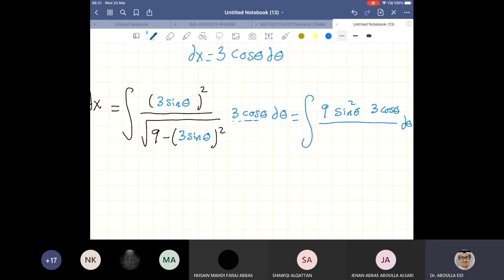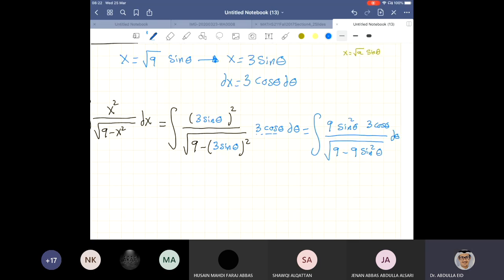That's what we have at the beginning. Now we have the square root of 9 minus 9 sine squared theta. So far, so good. That's what we get.